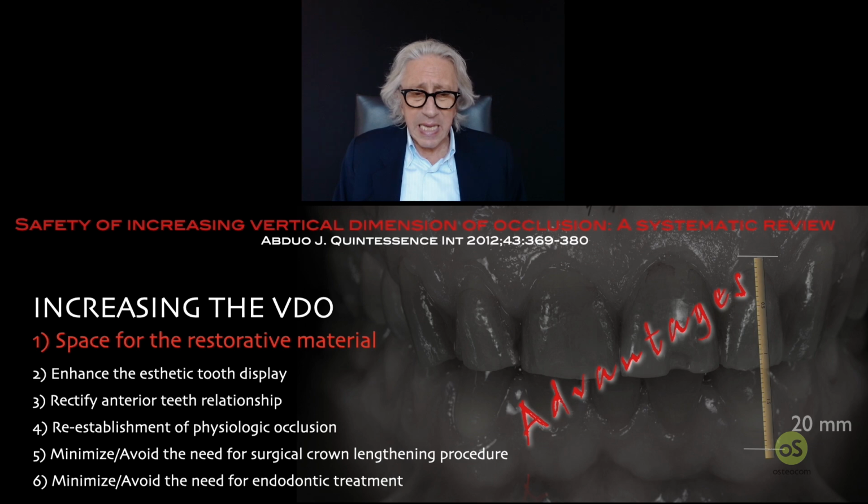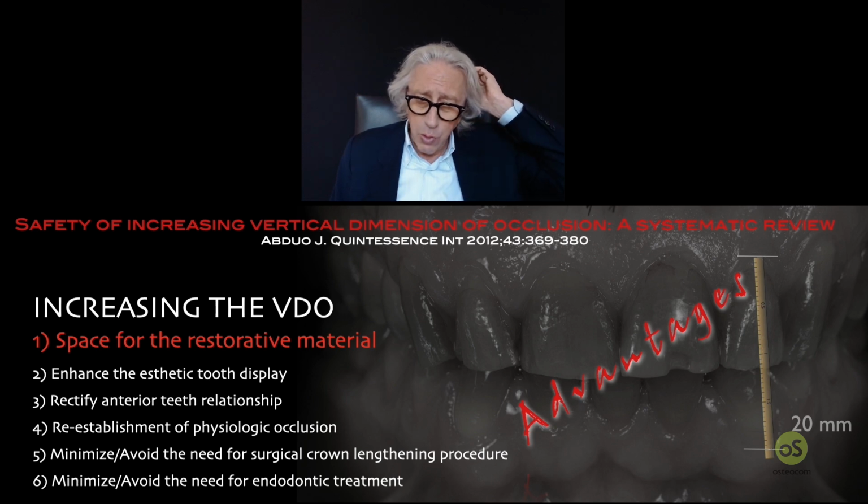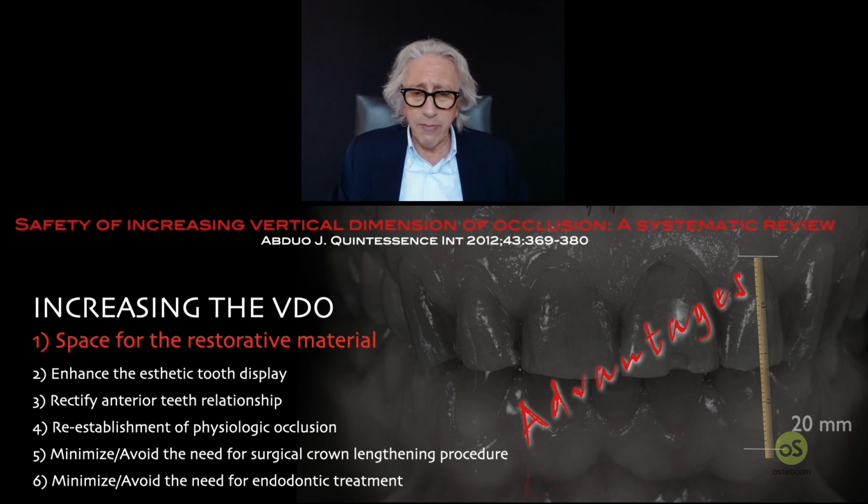And together with aesthetic improvement, you can rectify also the anterior teeth relationship with a new overjet overbite ratio, as I said, creating a new kind of physiological occlusion. At the same time, increasing the VDO, you can reduce the need, or better to say, avoid the need to do any surgical crown lengthening procedure. Avoid the need to do any kind of endodontic therapy. I want to keep all the teeth vital if I can.